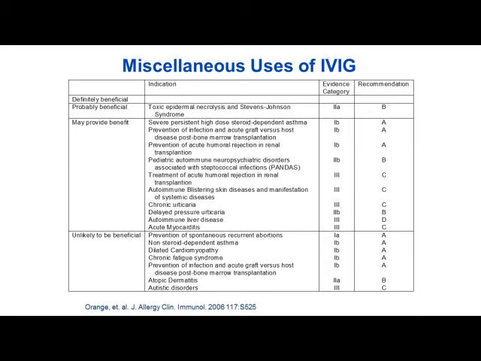There were none that were perceived as definitely beneficial, but an important one that was perceived as probably beneficial, and that I mentioned earlier, is toxic epidermal necrolysis, which represents a severe and life-threatening and previously uniformly fatal form of allergy to a particular agent.